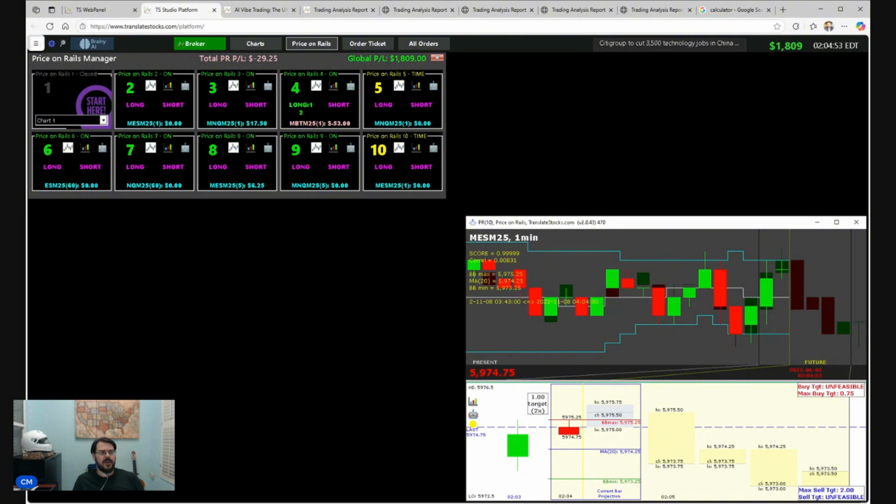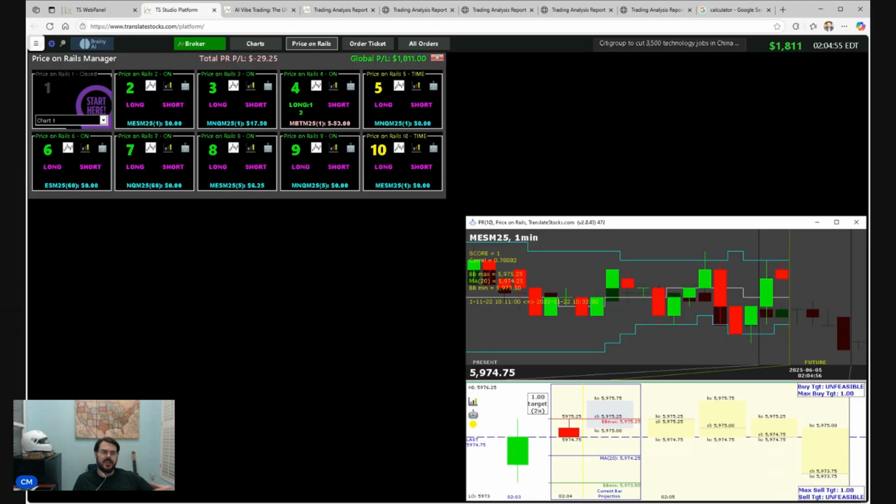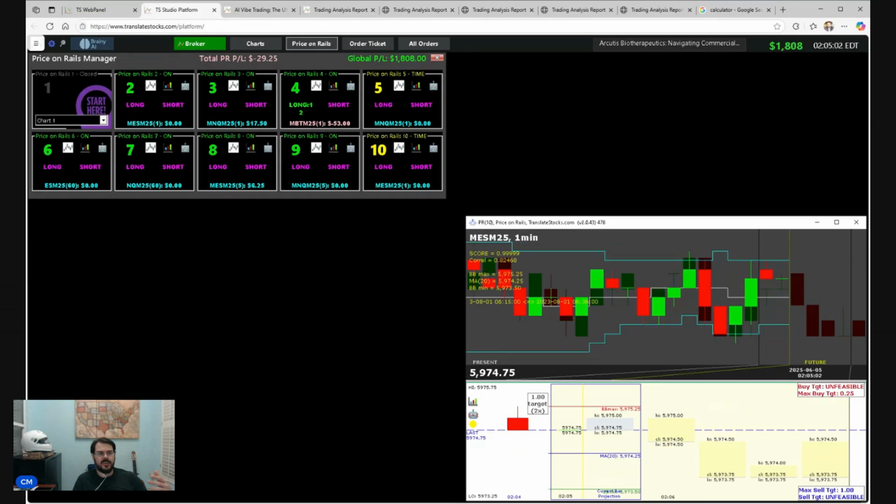You don't need to average down to increase the quantity and use the brute force method to make a win, also risking more. So this is a good starting point for you to interact with the agent. And you actually can have only one agent here. You can have up to 10, but if you want to trade with only one, you can.